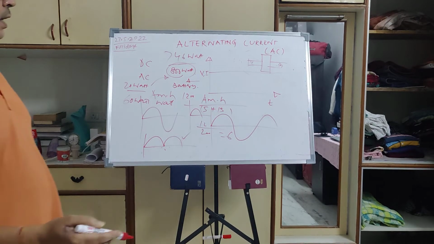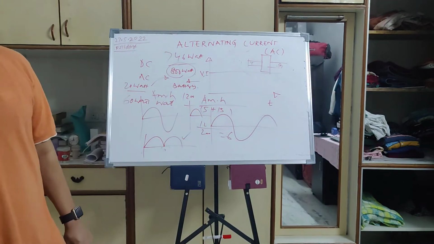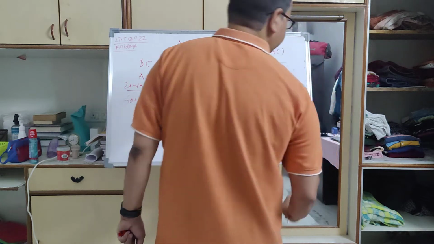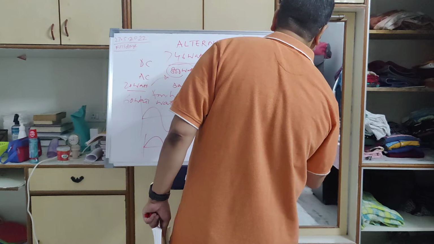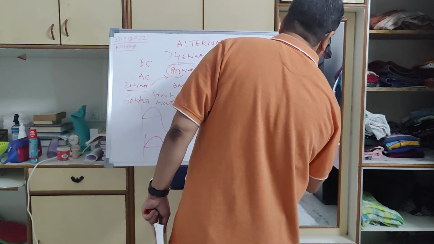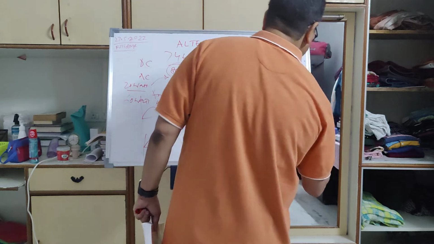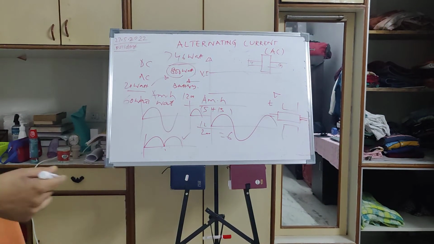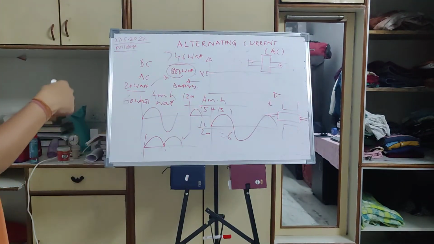What happens in a generator is Faraday's principle. You will have a magnet, a magnetic field. Inside this magnet, say this is my generator shaft again, there will be a continuous change in magnetic flux, so EMF and current will be induced.